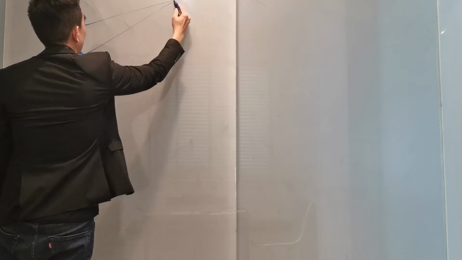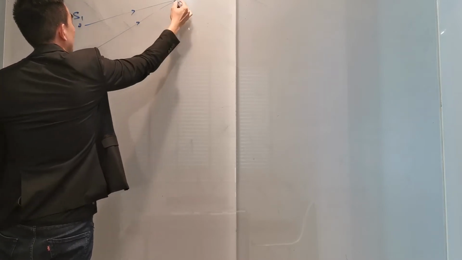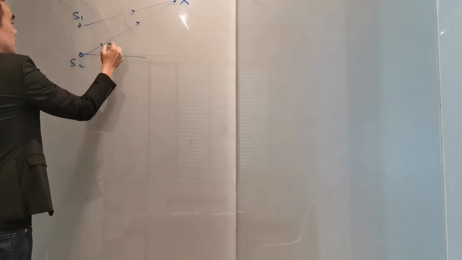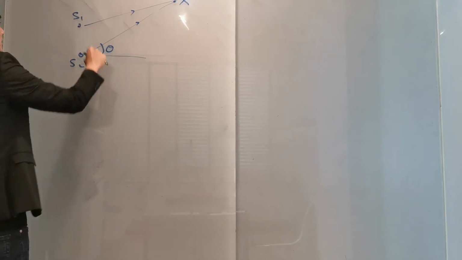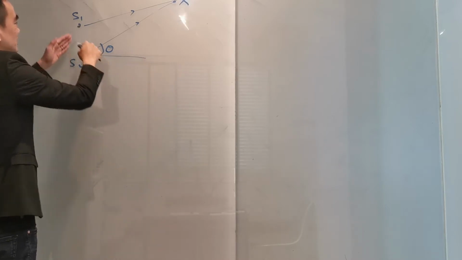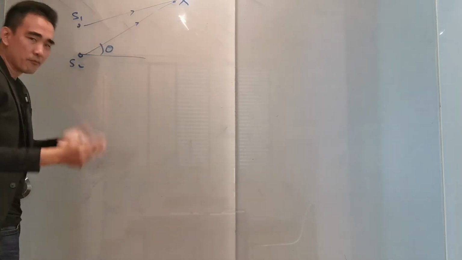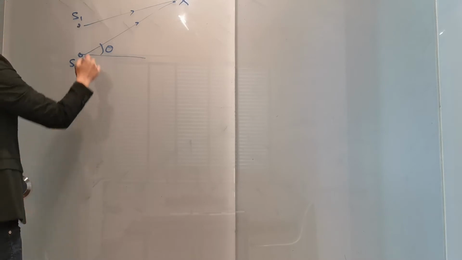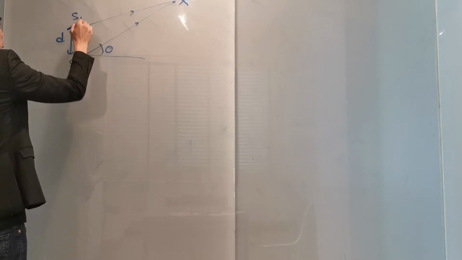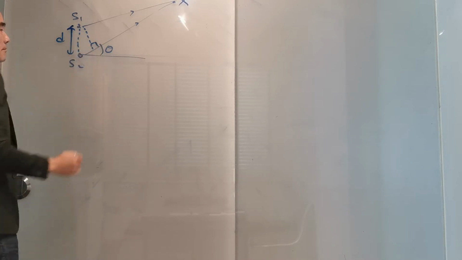Say for example, you got two sources with waves traveling and meeting at point X. The angle is theta, but please bear in mind that this separation is usually very small compared to this. So this is almost parallel, not parallel, but almost parallel. This distance over here is d, and we drop a perpendicular line over here.